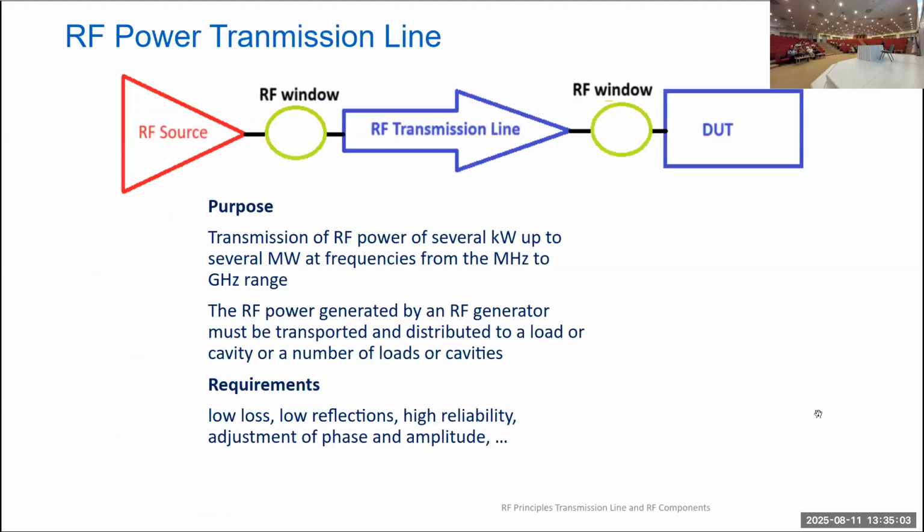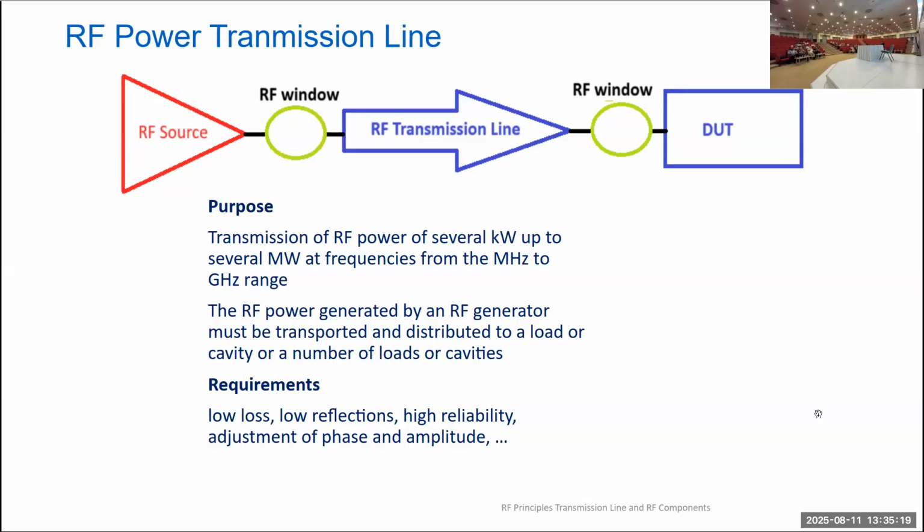So we have an RF source, then we have an RF transmission line, and this RF is transmitted to a device under test, and in between there are RF windows.